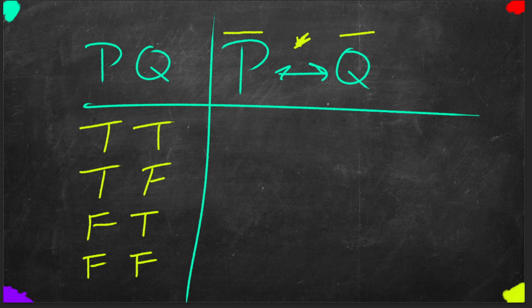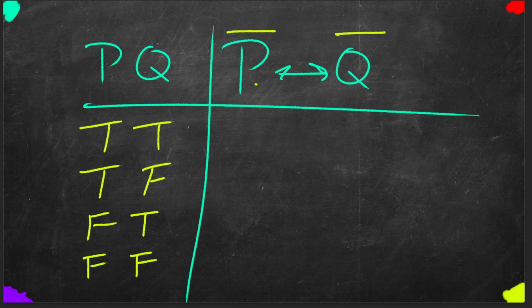So in the case of the biconditional, this biconditional is true provided the truth values of P and Q are identical.